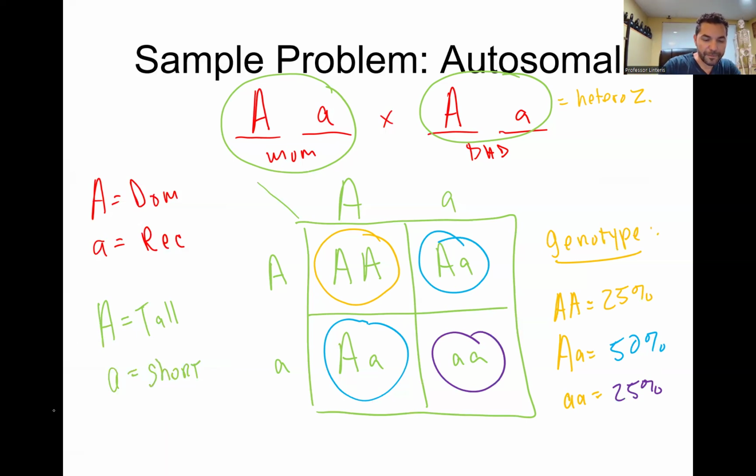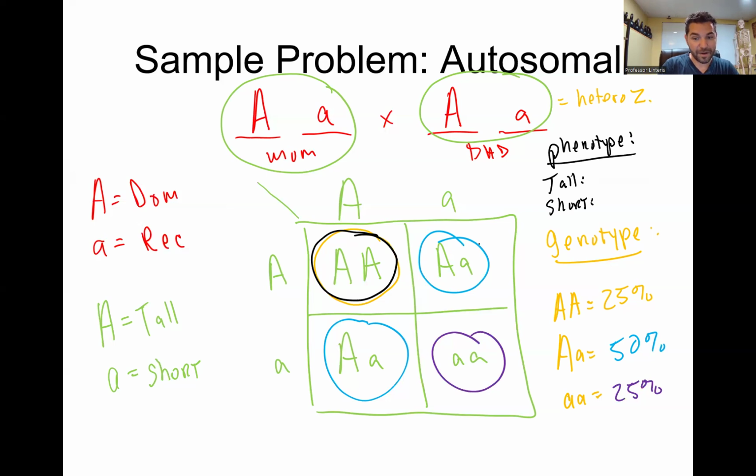The other part is called a phenotype. And the phenotype is what are the percentages for the physical traits. So here, what are the percentages that the child will be tall? And what are the percentages that the child will be short? We can see here that presence of a big A means they're going to be tall.